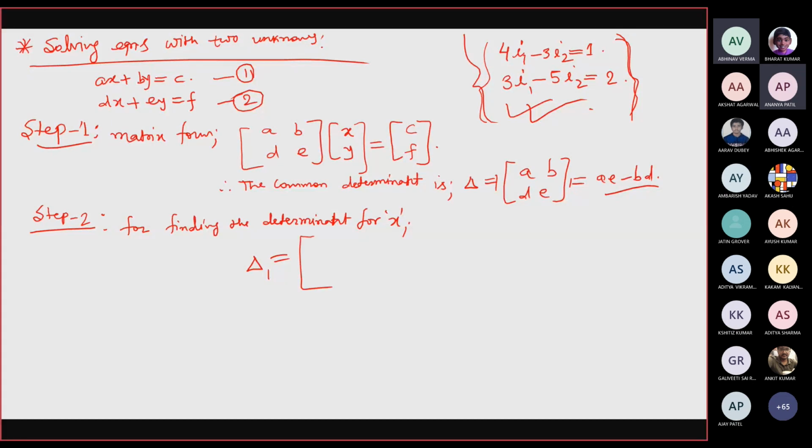So in this case, you will have to replace the first two elements of the matrix by the constants of the matrix, that is c f, b e will remain unchanged. So if we calculate now the determinant for this element, then this will be simply ce minus fb.